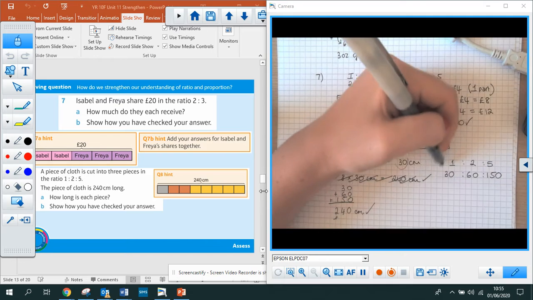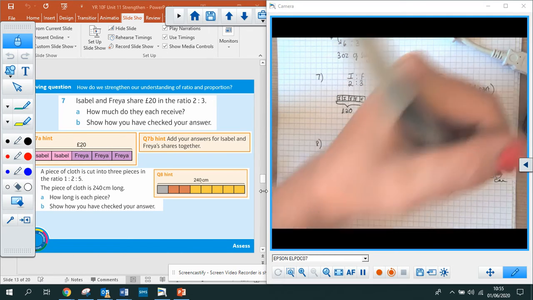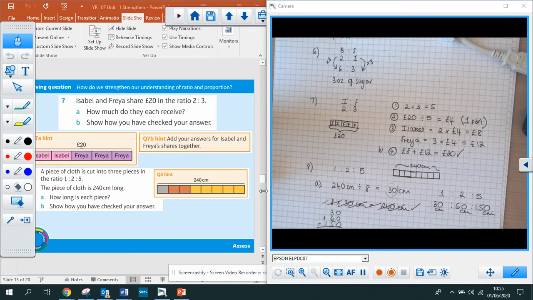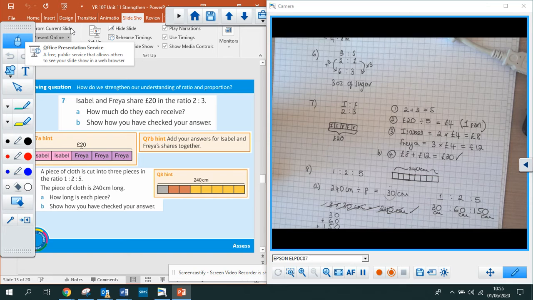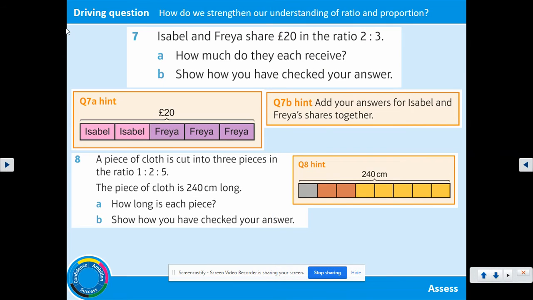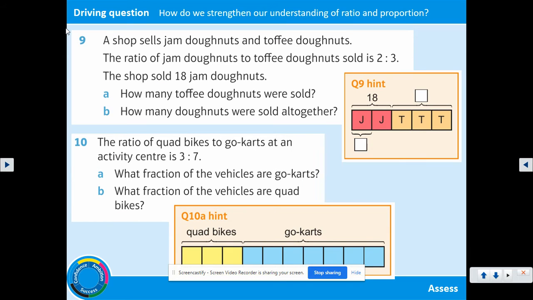So you had to know the length of each part, and they're all in centimetres. Okay? So well done if you got that. And the answers are there. Okay, so pause the video please. Your next set of questions are on the screen. Play when you're ready to go through the solutions.